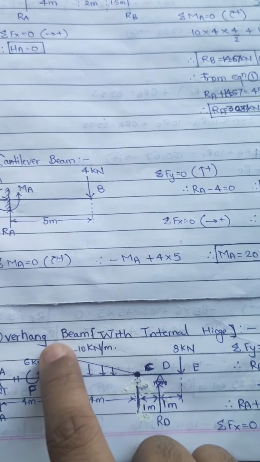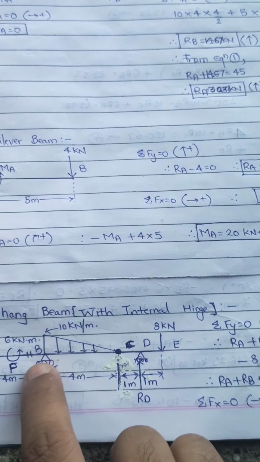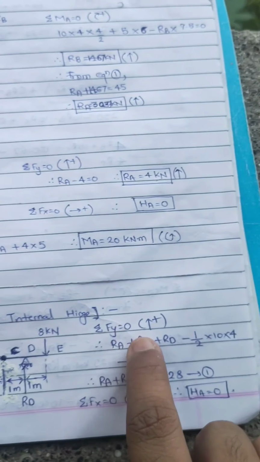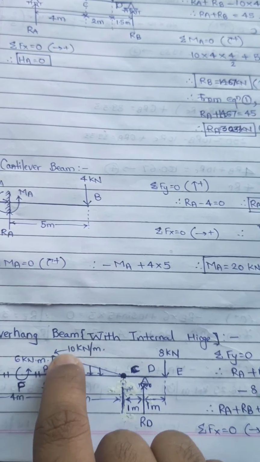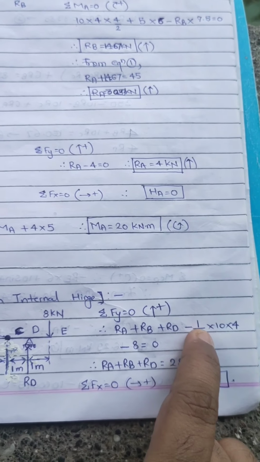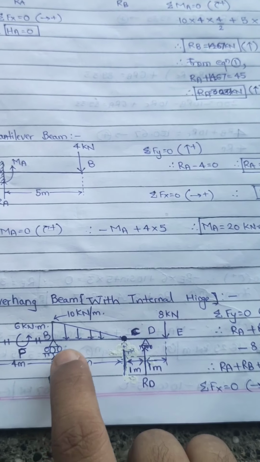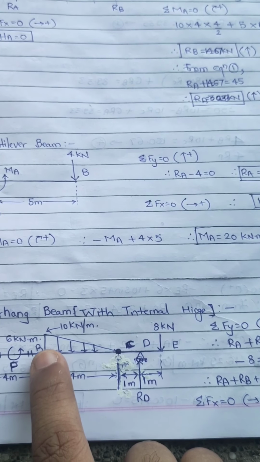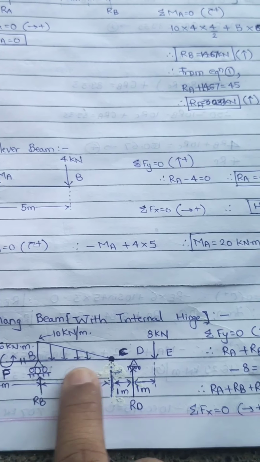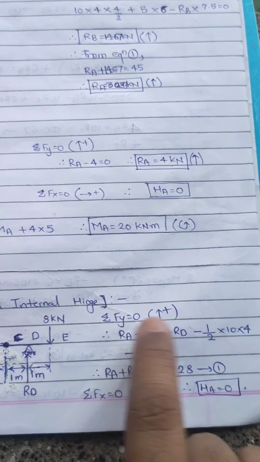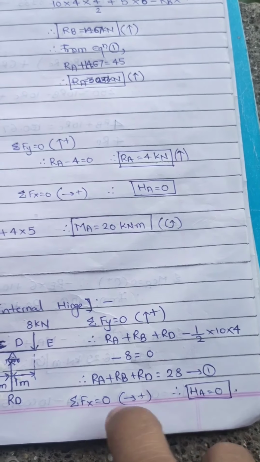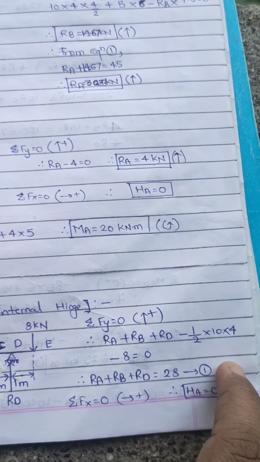This is a triangular load, so half into base into height. My base is 4 and height is 10. As this is a downward load, it is minus half into 10 into 4. Half into 10 is the height of the UVL and 4 meter is the span. And then again I have a downward load of 8, so minus 8 equal to 0. I get an equation, I'll name it equation number 1.